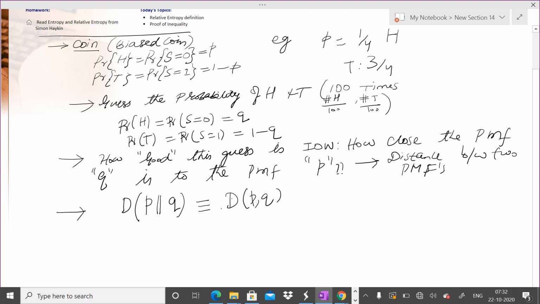Distance between, not exact distance, in some sense some distance, some gap between p and q. And what should be its property? When p is exactly equal to q, that is, your guess is perfect, actually we should write q is equal to p, then this distance should be 0. That is one thing.